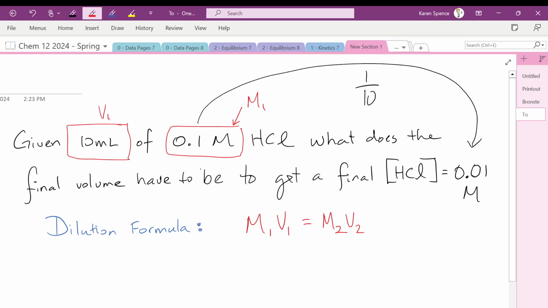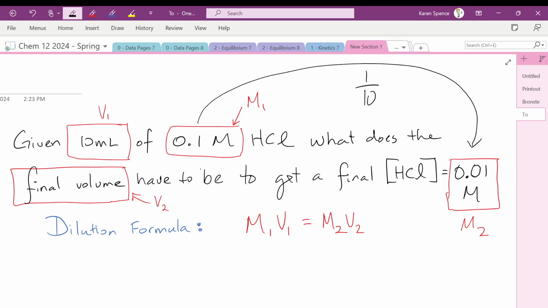Do we have any information about our finishing substance? Yeah, we know the molarity we want to finish with. So this is going to be our M2. And what are we being asked for? We're being asked for the final volume, which is V2.